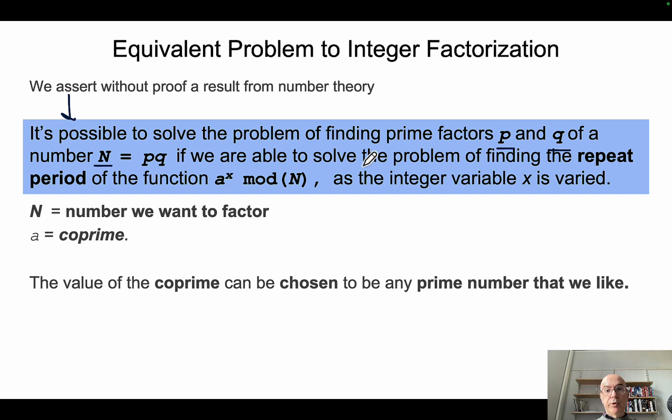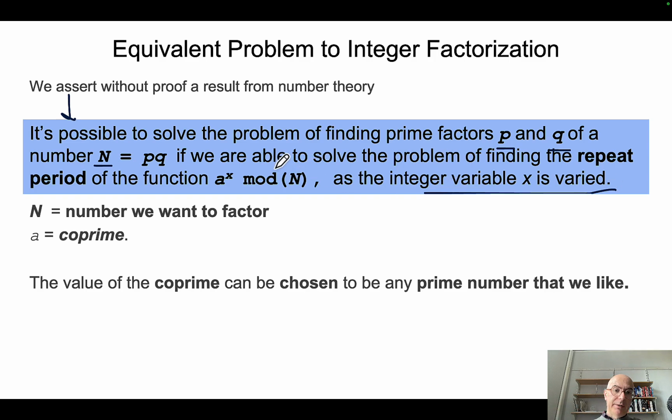This is possible if we are able to solve the problem of finding the repeat period of the function a^x mod n, as the integer variable x is varied. So we vary x: 1, 2, 3, 4, 5, 6.